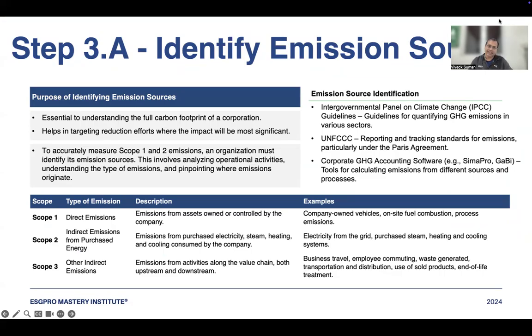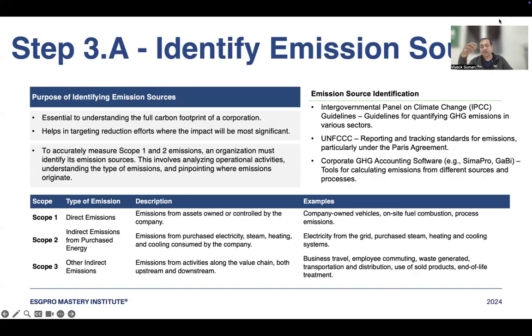The purpose of identifying the emission sources is, of course, essential to understand the full carbon footprint of a corporation. If you really want to know the exact carbon footprint of the company, you need to identify the right emission source. It helps in targeting mitigation efforts, that is how and where you can make more impact.